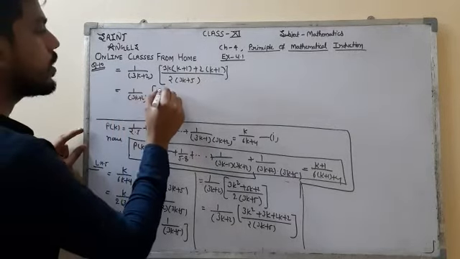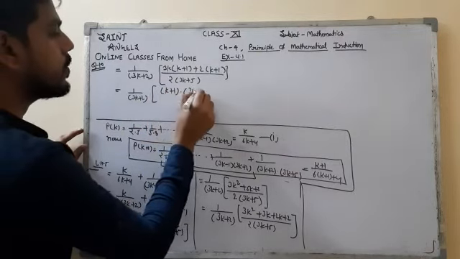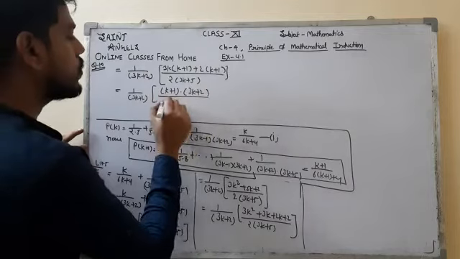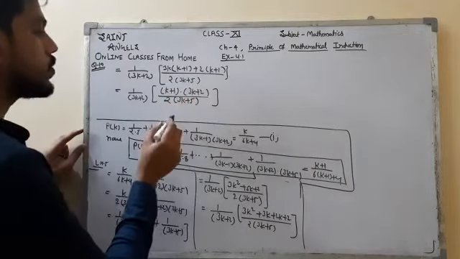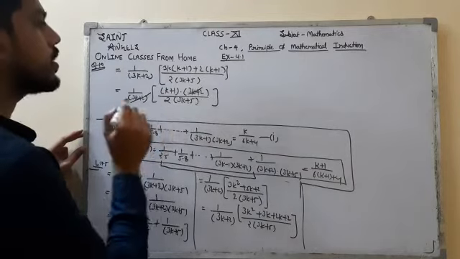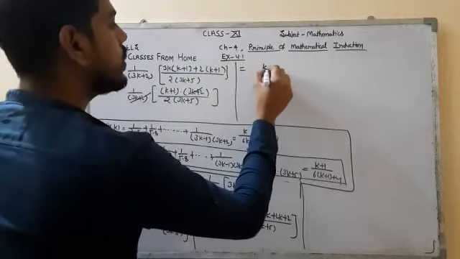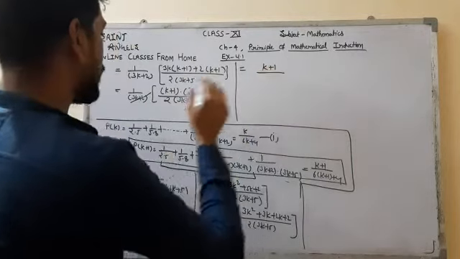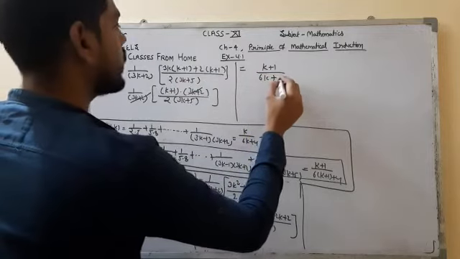From here it will become k plus 1 and 3k plus 2 upon 2 into 3k plus 5. Okay, so 3k plus 2 will cancel out. So what we will be left with is k plus 1 upon 6k plus 10.